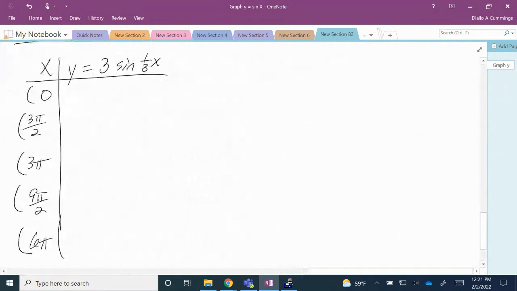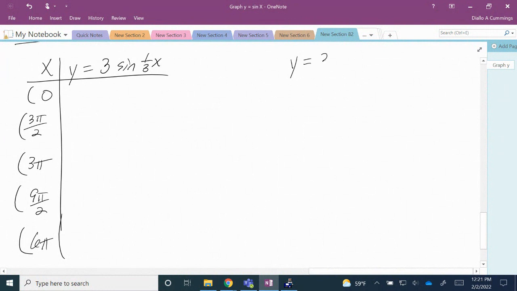So I'm actually going to complete that over here. We have y is equal to 3 times the sine of 1/3 x. We're going to first substitute x for 0. So y is equal to 3 times the sine of 1/3 times 0.